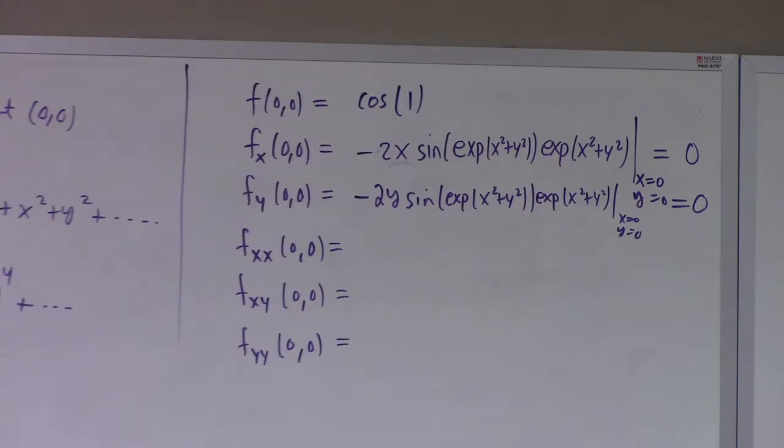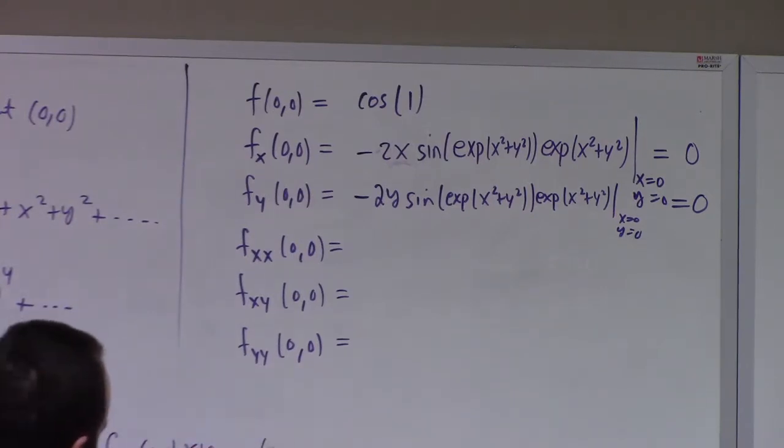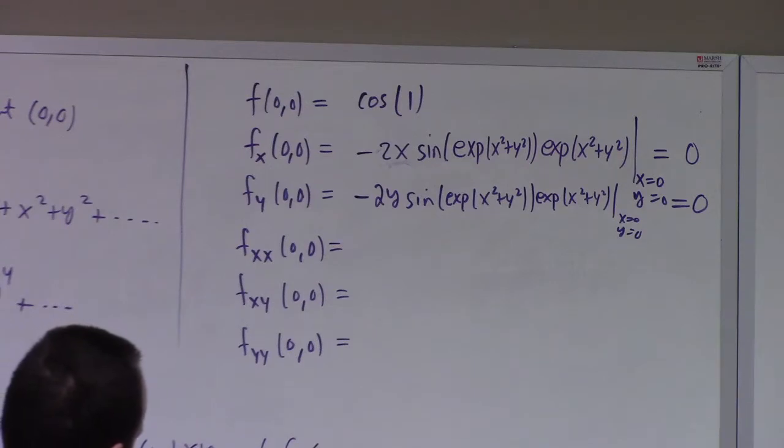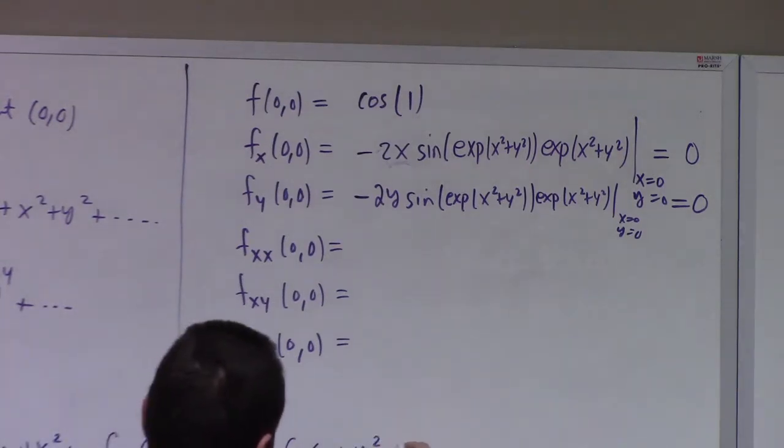So f(x,y), what we found is it's f(0,0) plus f_x(0,0) times x plus f_y(0,0) times y, plus 1/2 f_xx(0,0) times x squared plus f_xy(0,0) times xy plus 1/2 f_yy(0,0) times y squared plus dot, dot, dot.